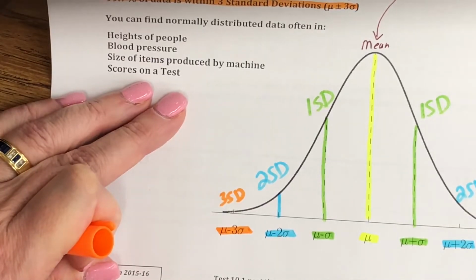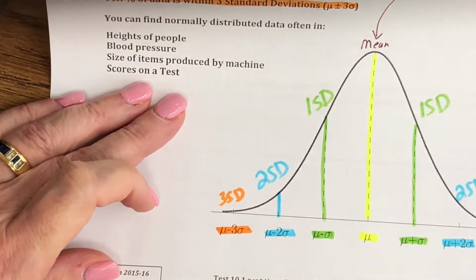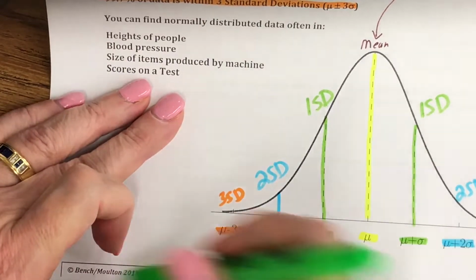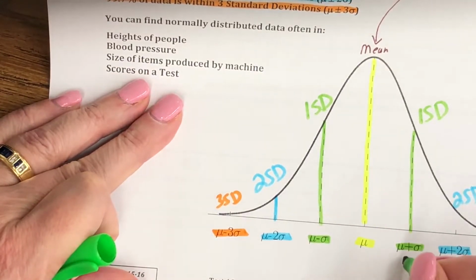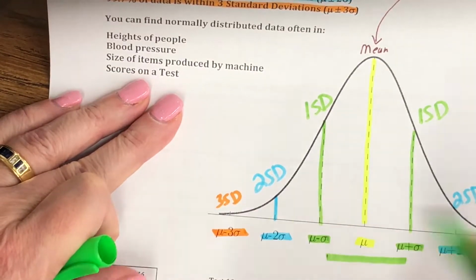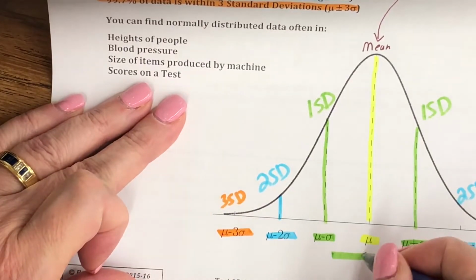Okay, I'm going to give you an example to help you understand what this means. Before I do that, I'm going to mark down our percents. Remember that within the first standard deviation, that is 68% of our data.